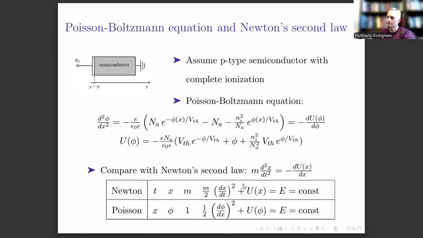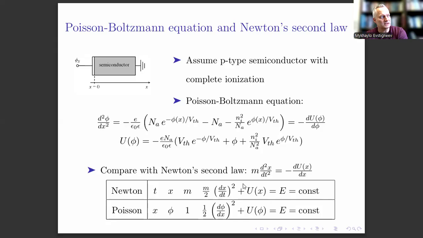And now we can make a powerful statement. In a mechanical system, energy is conserved, unless you have things like dissipation or an external drive, an external force acting on the system which depends on time. But if nothing like that is present, then the total energy of our particle will be conserved.